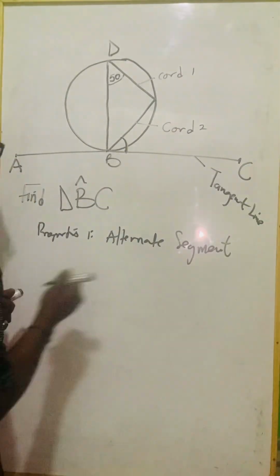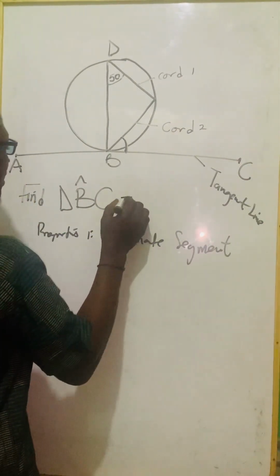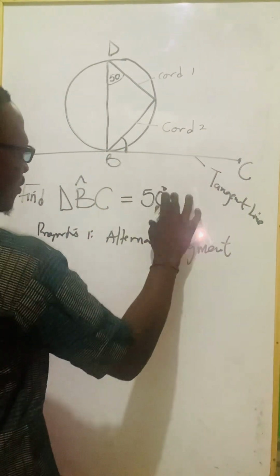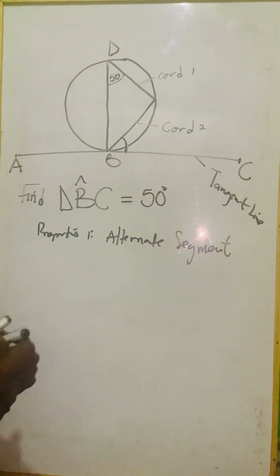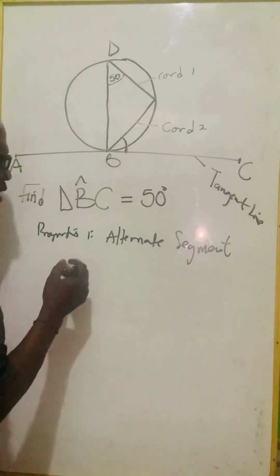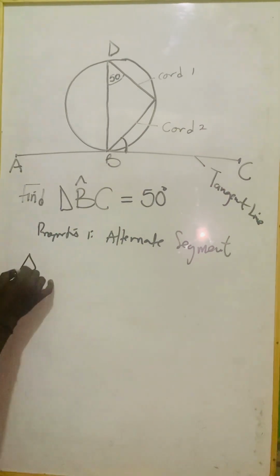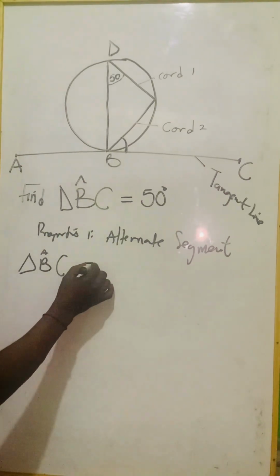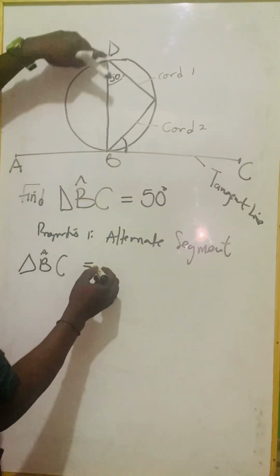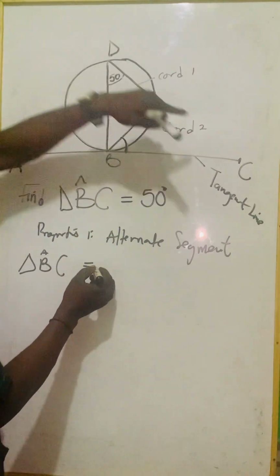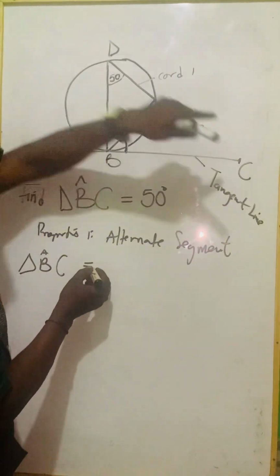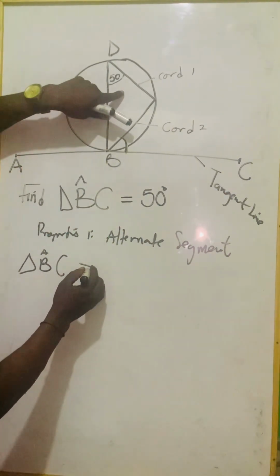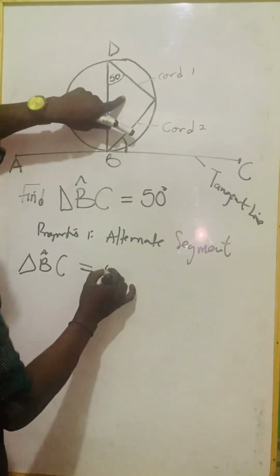So therefore, I can say angle ABC is equal to 50 degrees. Why so? It is because angle DBC is equal to angle BDC, making it equal to the other alternating segment angle, which is 50 degrees.